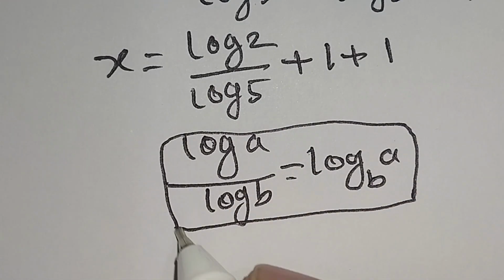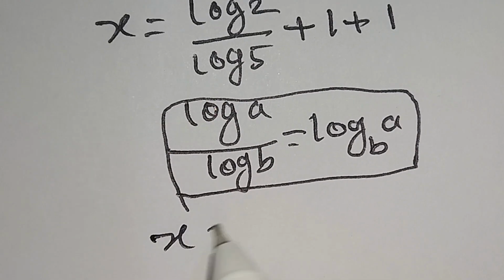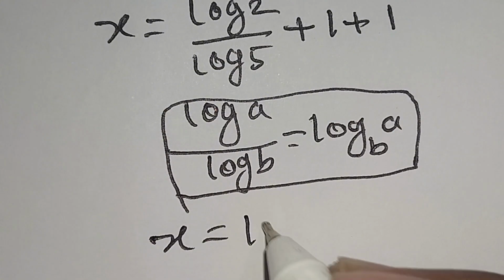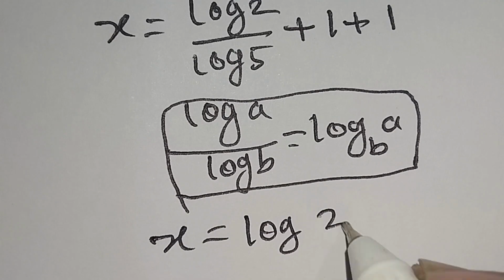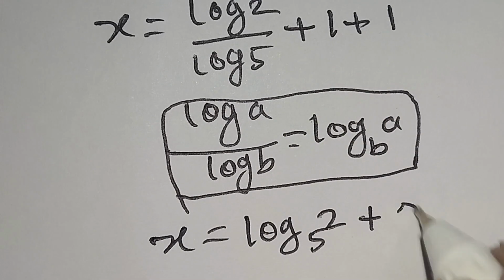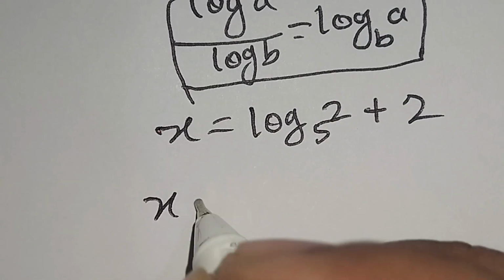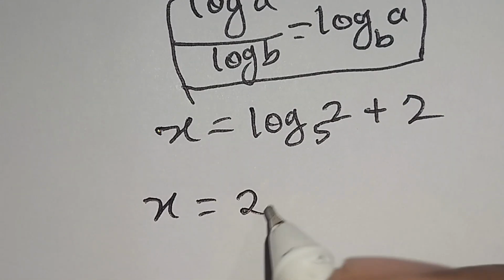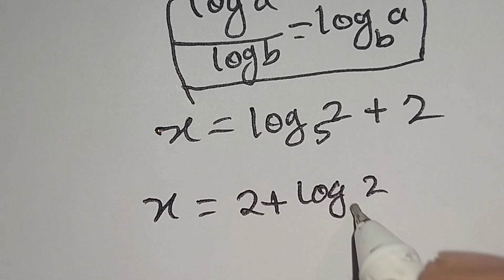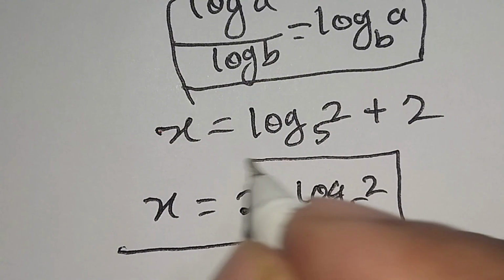According to this log property, we can write x is equal to log 2 over log 5 as log 2 to the base 5, plus 1 plus 1, which is 2. x is equal to 2 plus log 2 to the base 5. This is our answer.